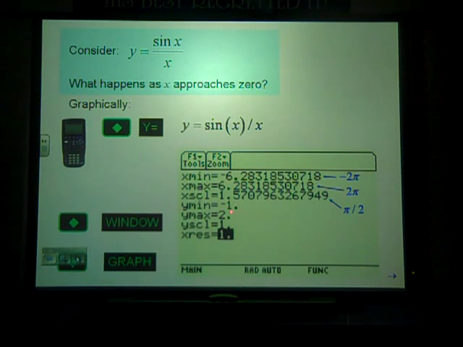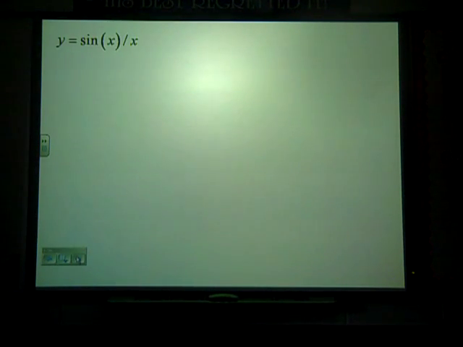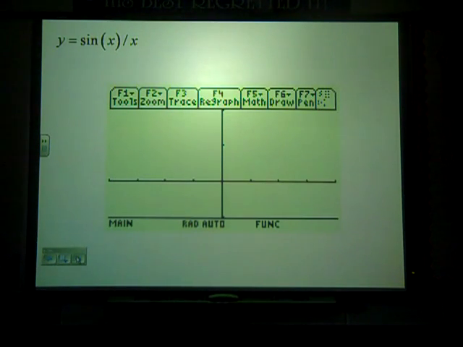So if we go negative 1 to 2, we know we're going to see it, with a scale of just 1. So we're going to look at this in our calculator, and when we do, it will graph this function. Now if you look at that, you think, well, it's what the function intends to do. The limit as it approaches 0, well, shoot, it's 1.